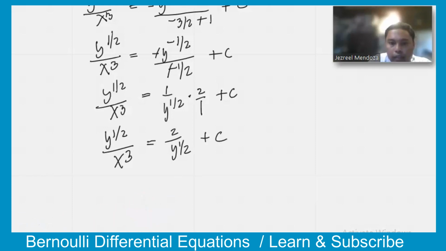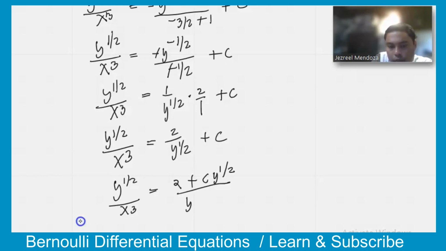After that, get the LCD of this variable. We have y raised to 1/2 over x cubed, that is 2 plus c, then times y to the 1/2 all over y raised to 1/2.